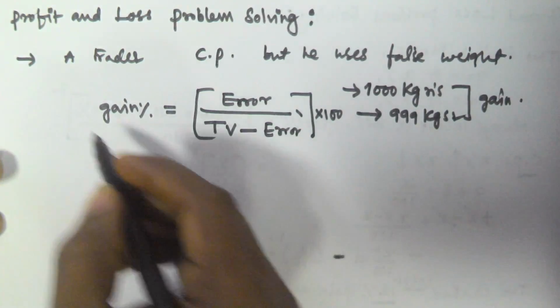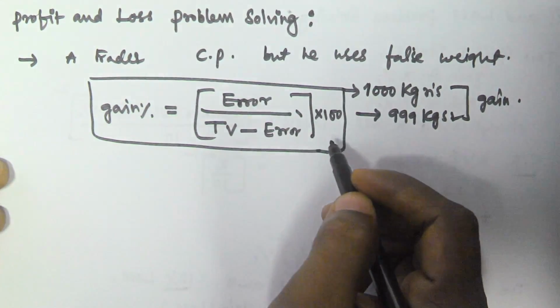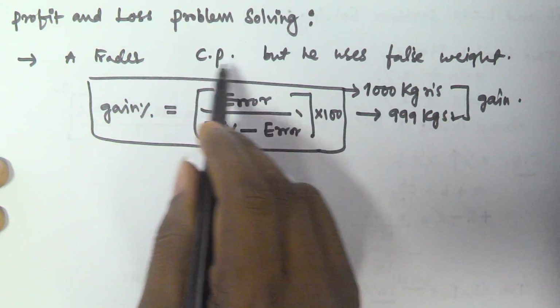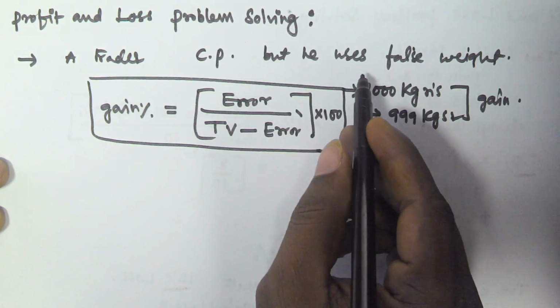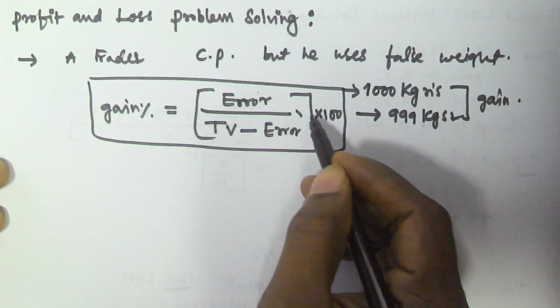So this will give the gain percentage. Whenever a trader professes to sell his goods at the cost price, but he uses a false weight, the gain percentage is given by error by true value minus error into 100.